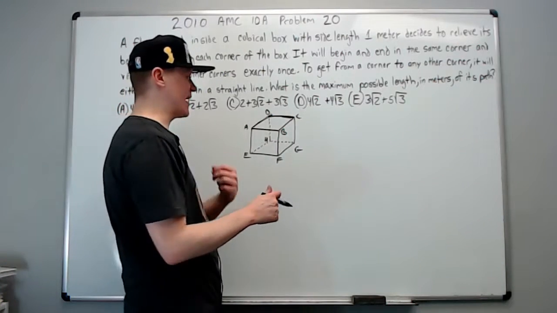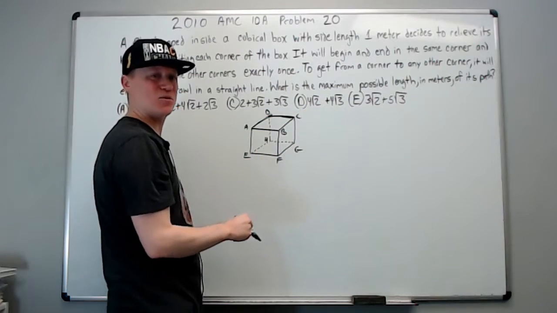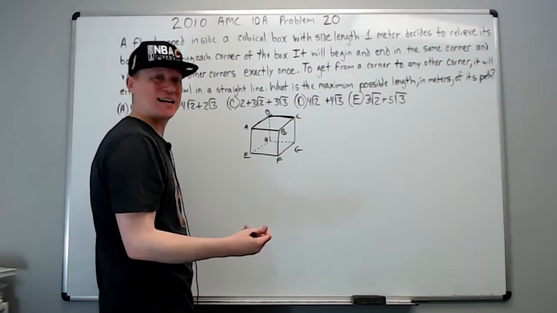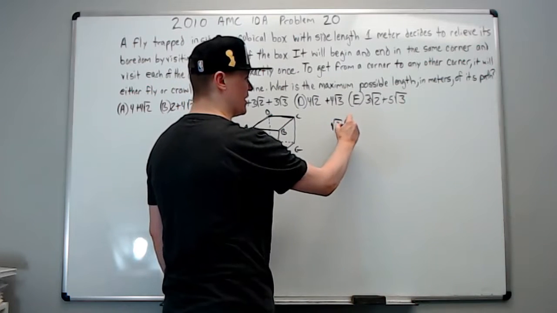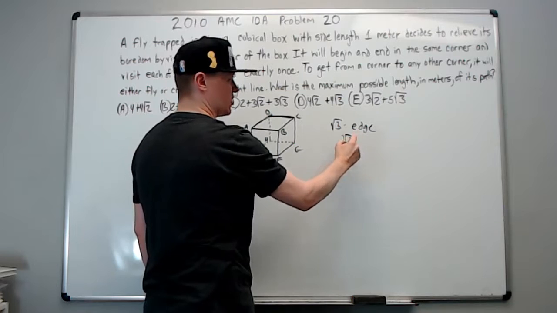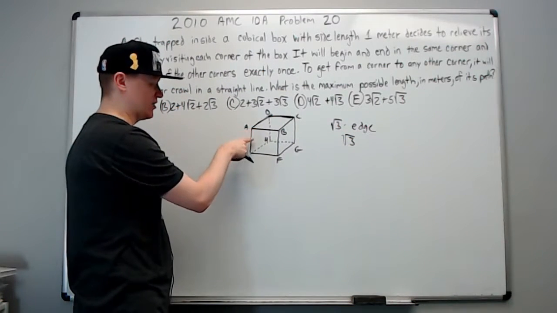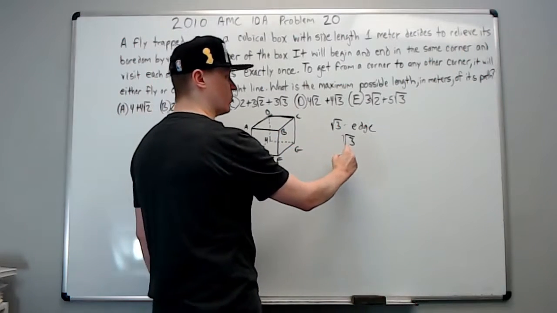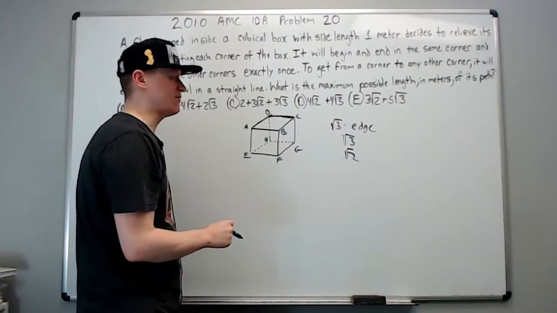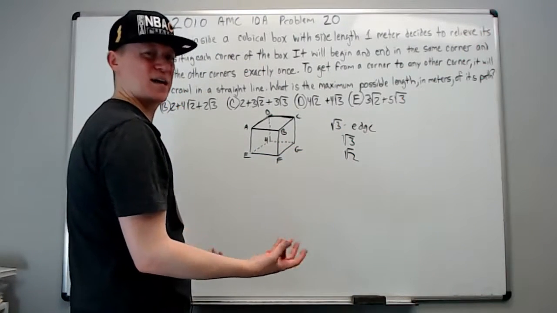The first one is that the distance from one corner to the opposite corner diagonally through the cube, the space diagonal of any cube, is root 3 times an edge. Our edge is 1, so that means it's just root 3. Further, the face diagonal like E to B would be root 2. That's by 45, 45, 90. So these are the lengths we want to work with more than other lengths.